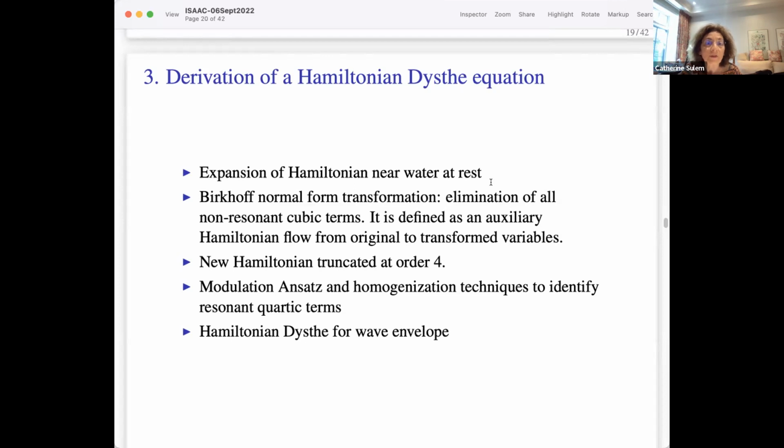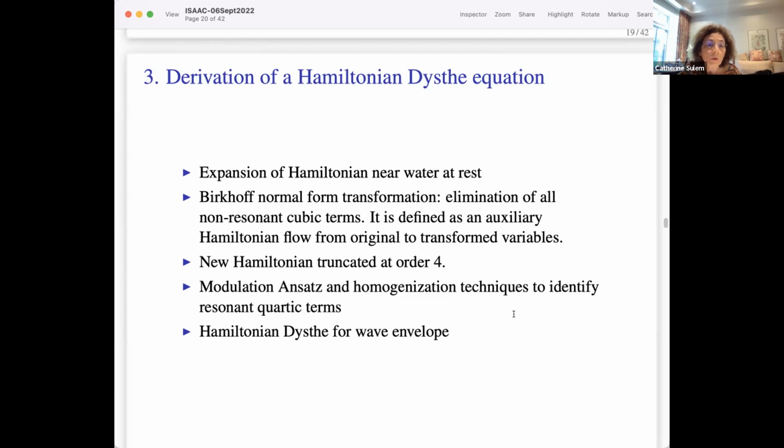After this operation, the new Hamiltonian is truncated at order 4, and the modulational ansatz, that is the approximation by slowly modulated quasi-monochromatic waves, is introduced into the Hamiltonian.